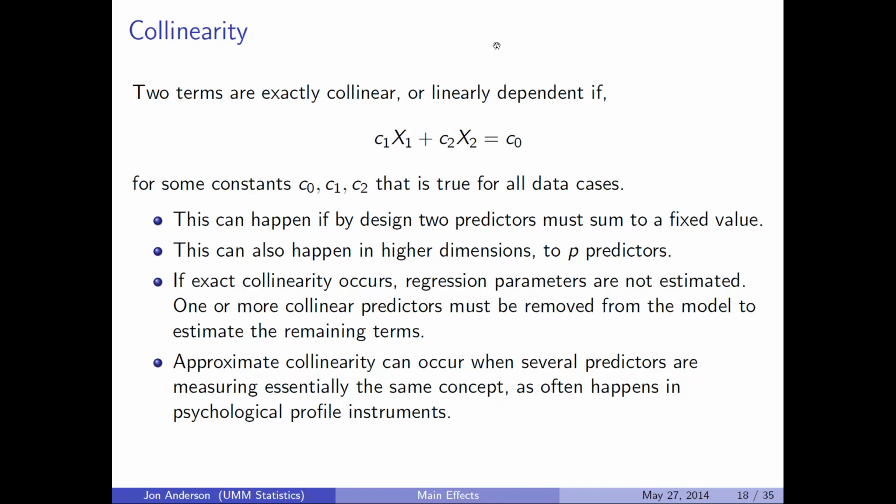Another important issue covered in this section is collinearity. The definition here is that two regressors, x1 and x2, are collinear if you can come up with constants C1 and C2 so that there exist values of C1 and C2 that can make an overall constant C0 for every one of the observations and the data cases for these regressors.